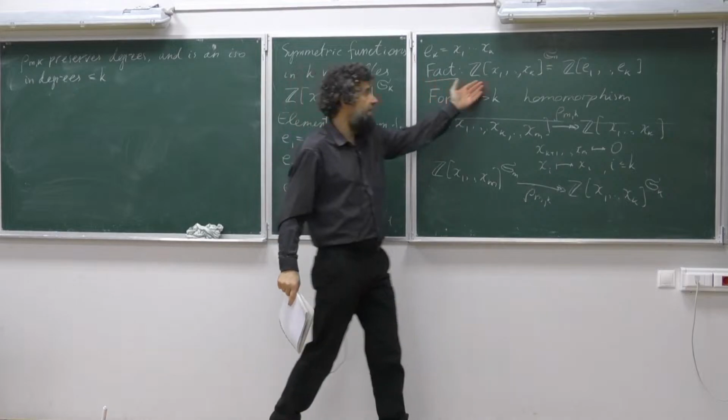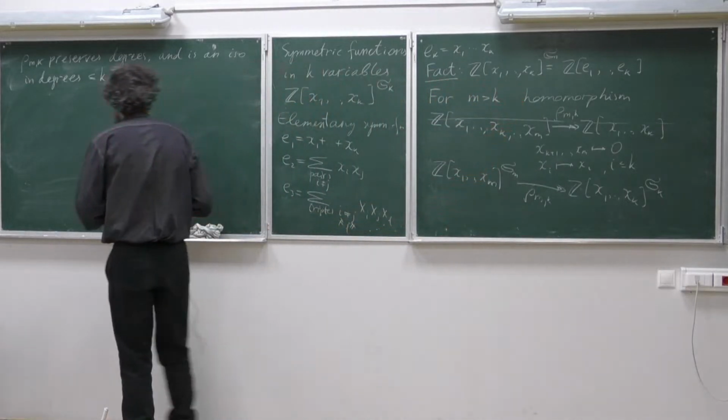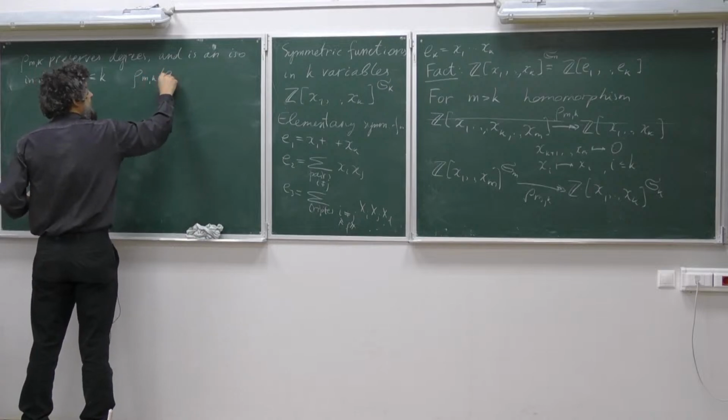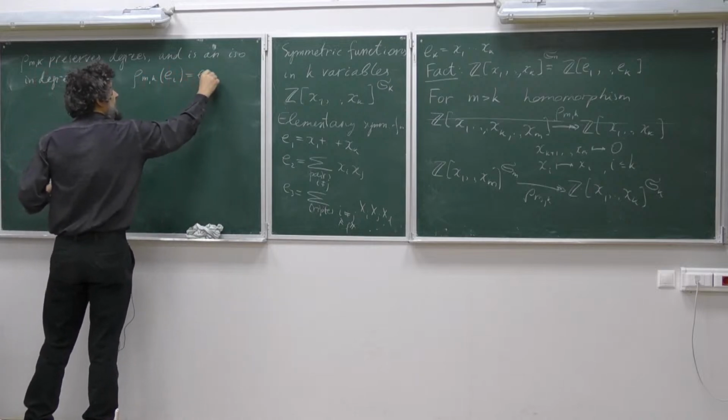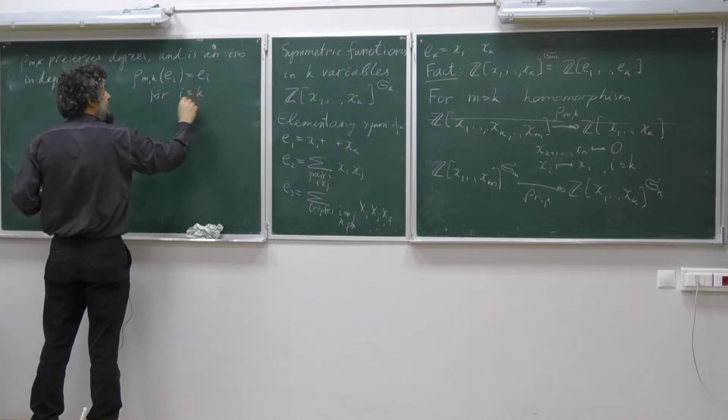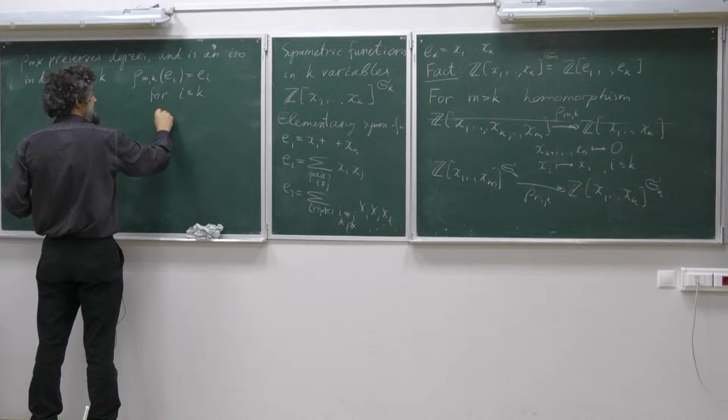For example, from this fact, just because the restriction of ei is ei for i less than or equal to k, and 0 otherwise.